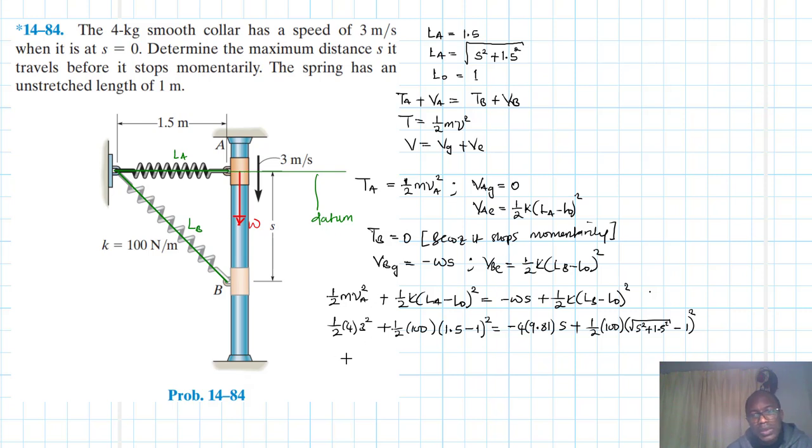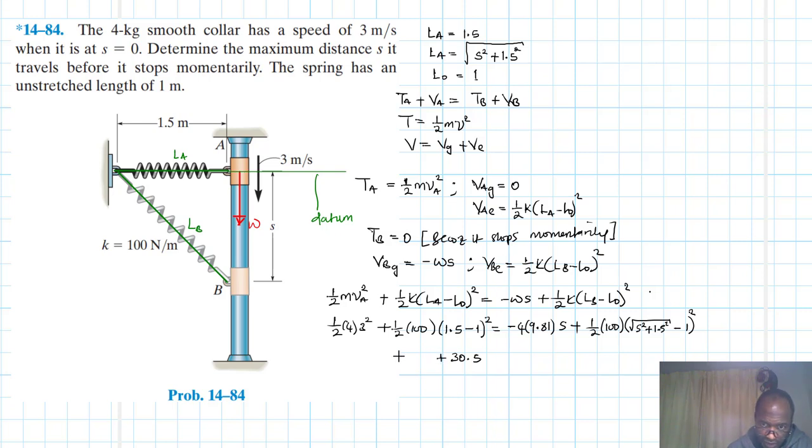Okay, so this here we get 30. Let me write it here, 30.5. I just want to rearrange this. It's a plus.